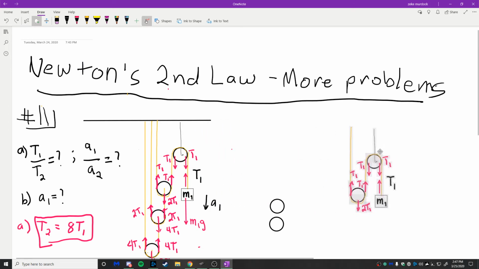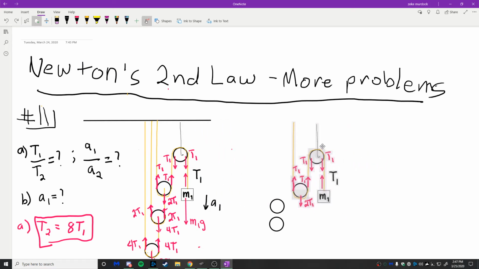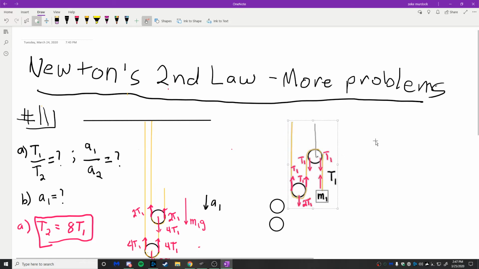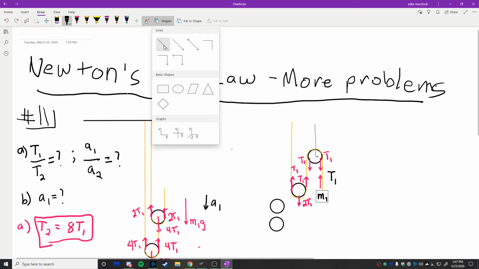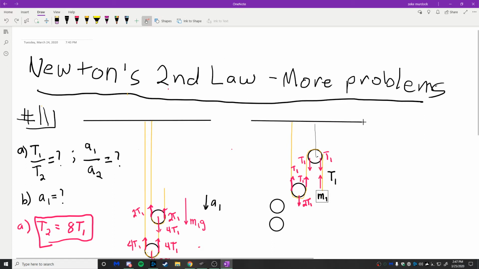I didn't get the bar at the top. That's fine though. Okay, we'll put it like right here. So there's our pulley system. You can always do a new line across this top. I guess it's fine that it's that color, but if we make it black, okay, so there's our system.